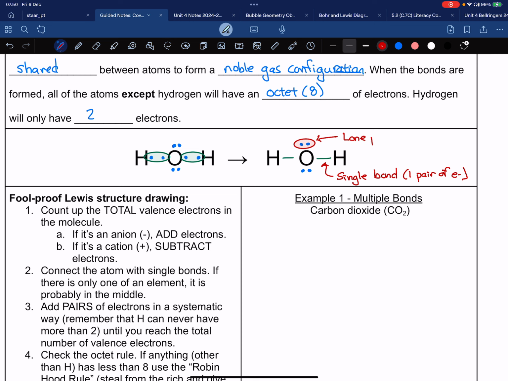Now, as it showed in your literacy connection, these guys are your bonding electrons. And these lone pairs are your non-bonding electrons.